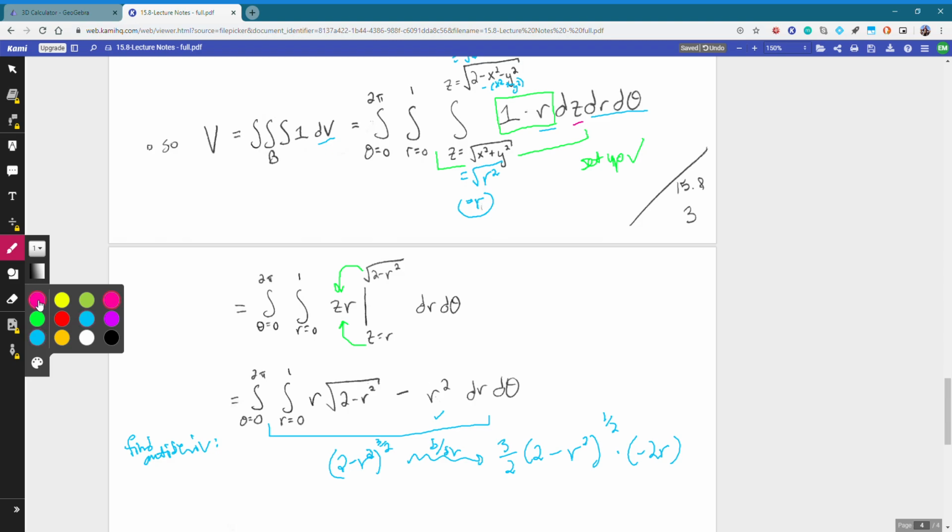Let's see what we like. Notice the 2's would cancel. And what do we like here? Well, we like the r. We want to see the r. But we don't like the negative, and we don't want the 3. We just want to have a positive r.